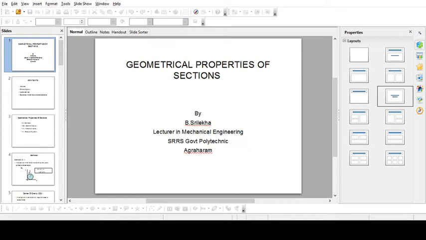So for the circle, let us discuss. For a circle, the centroid is simply its center. So this center can be taken as d by 2 comma d by 2. Okay.